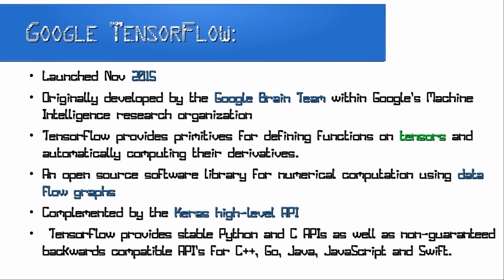Now I will briefly let you know how it evolved from Google and some of its key features. TensorFlow was developed and launched at Google in 2015 under the Apache 2.0 open source license. It started as a prototype project by the Google Brain team inside the Google Machine Intelligence Research Organization.